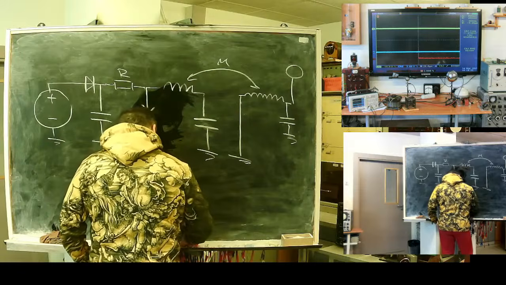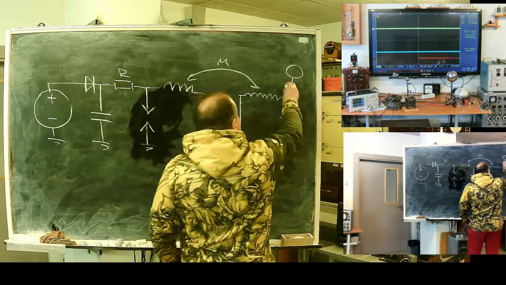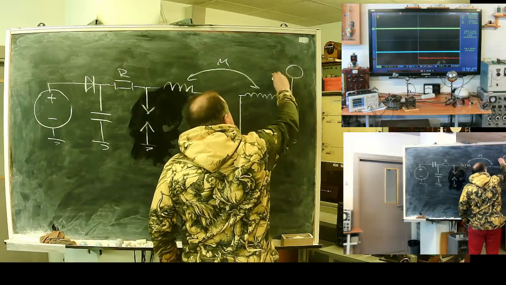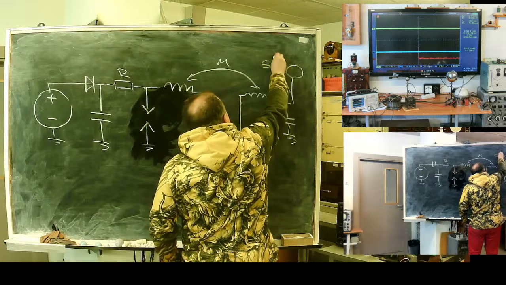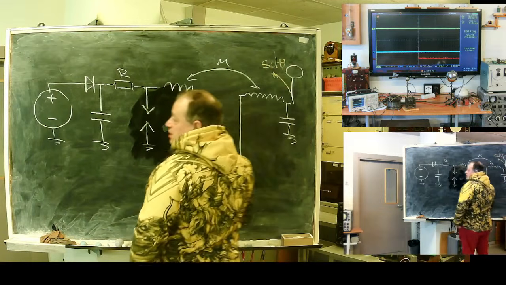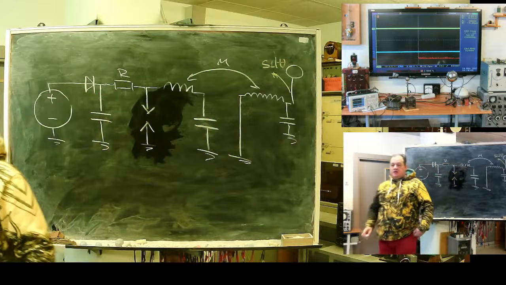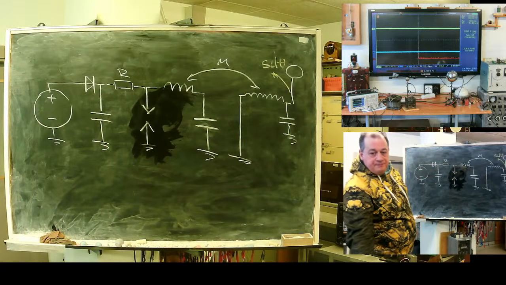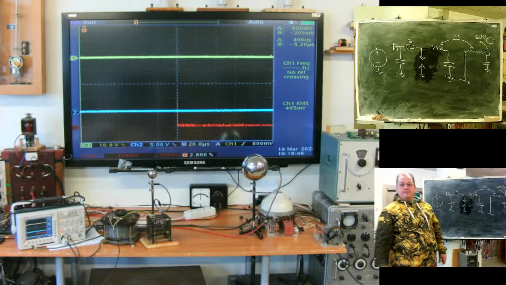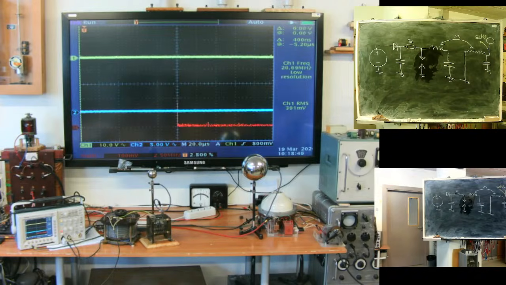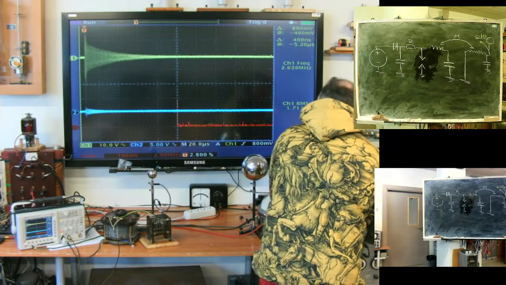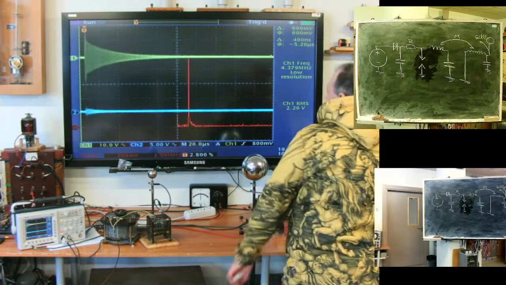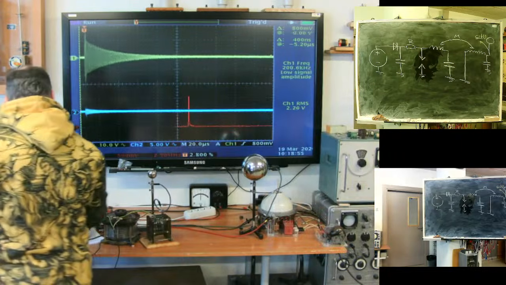Where is my yellow chart? The signal from here is my yellow line. Yeah, yellow line.